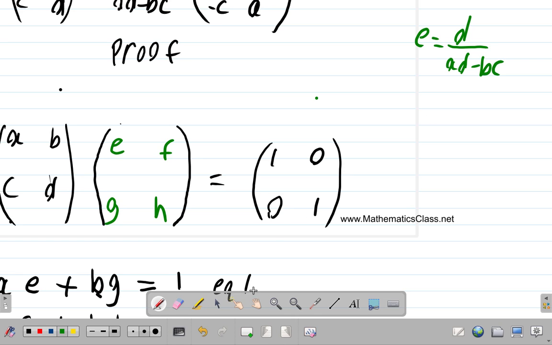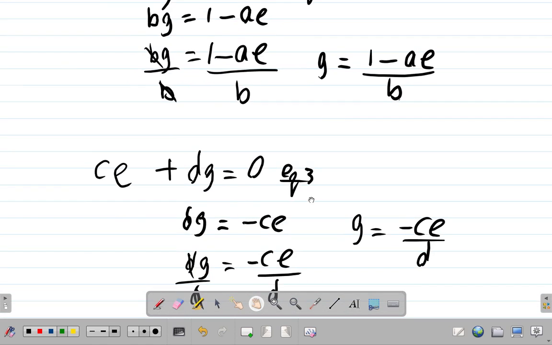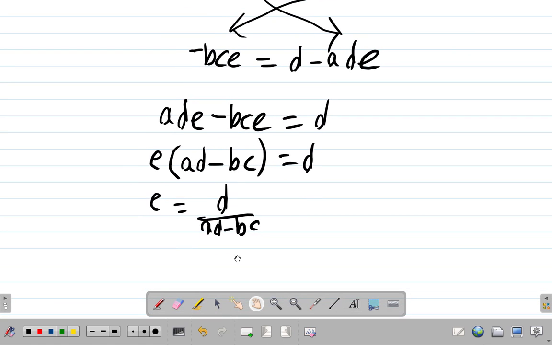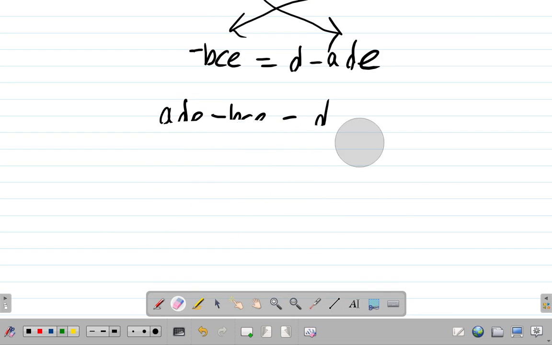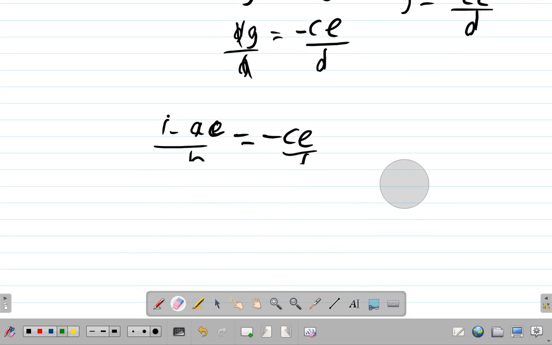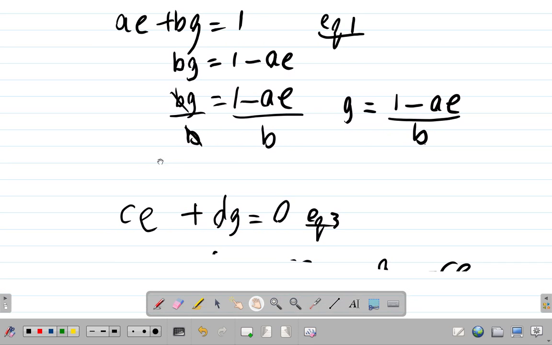We're not going to crowd the board too much, so let's erase some of what we have here and use the same space again.